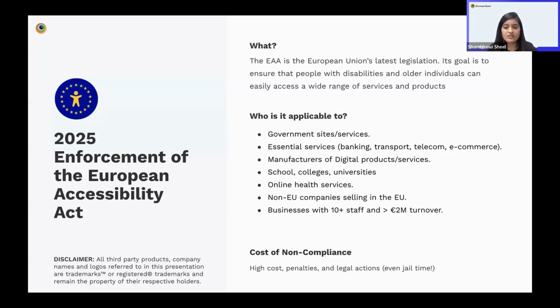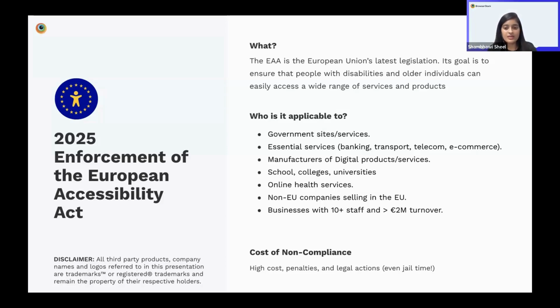The other exception that is mentioned is for businesses for which compliance would essentially change the nature of the product or service offered. For example, if by being accessible, what you're providing to the market becomes completely different, then you're exempt from the law. Another exception is for businesses where compliance would place a disproportionate burden.